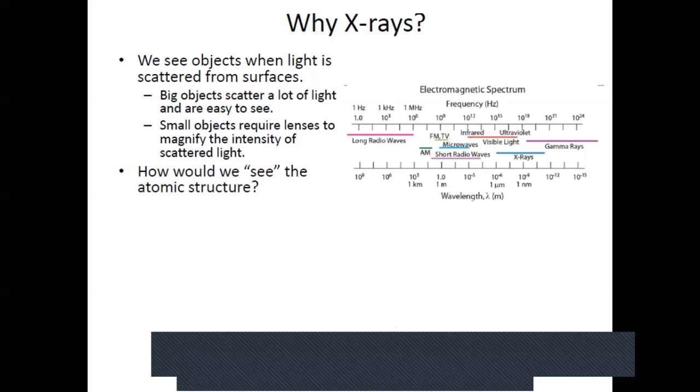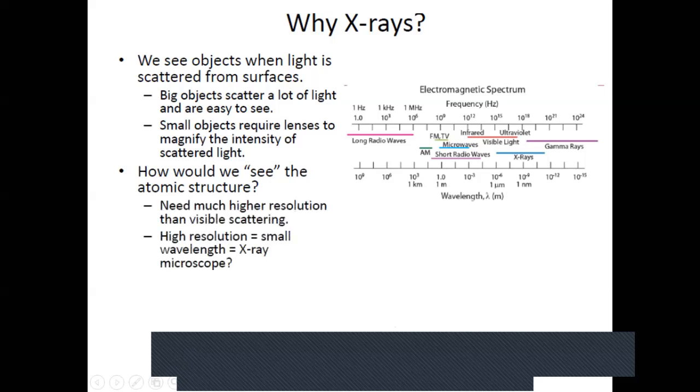the crystal. Now, we can't really use a microscope because again, it's smaller than what we can see from a microscope. And so that's why we use X-rays to analyze crystals, and because it's a higher resolution type of radiation than visible energy.